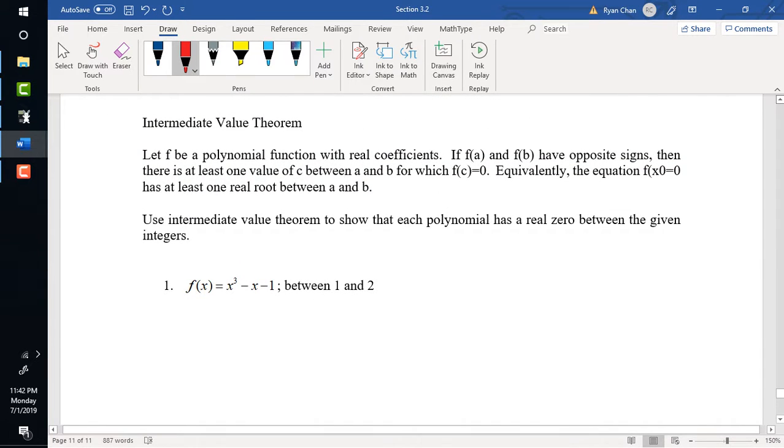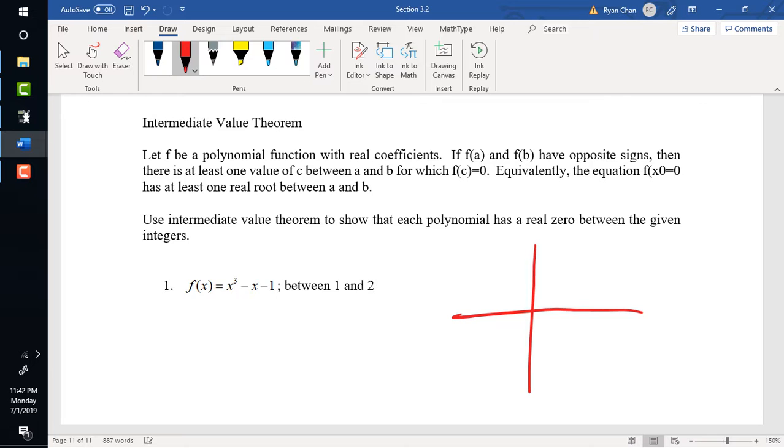So if I have a polynomial function, you have a definition that is kind of long, but essentially what we're saying is if I have a and b, let's say I have this polynomial I graph, and it's like this here.